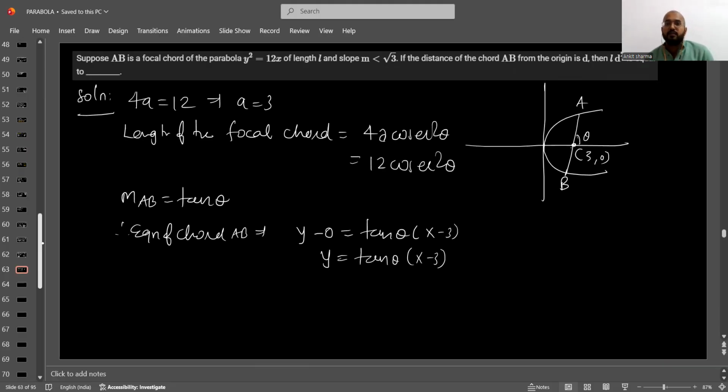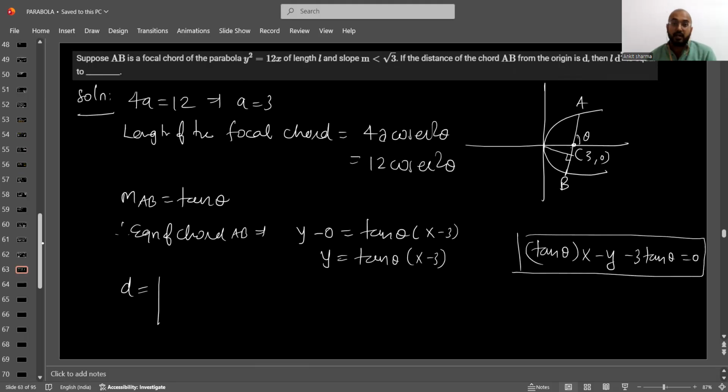Now, what do we need? The distance of this chord AB from the origin. Of course this distance is going to be perpendicular. So say distance D from AB, if I find out, then this is basically tan theta into x minus y minus 3 tan theta is equal to 0. This is my line. So now I want the distance of a point from a line, which is the same old formula.